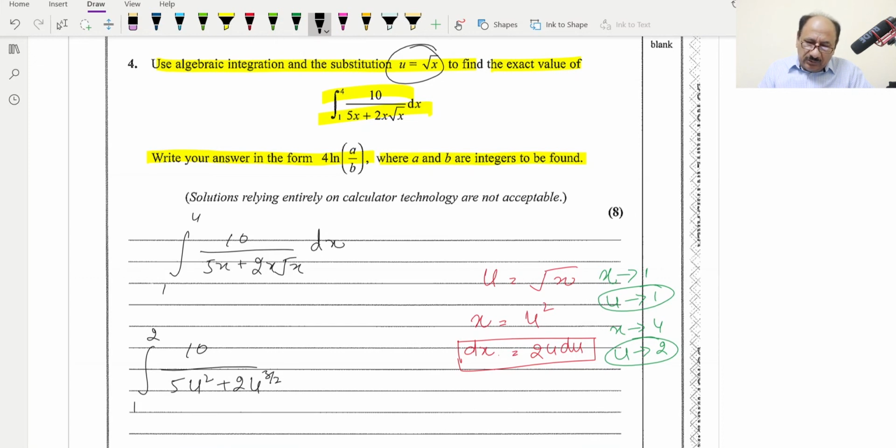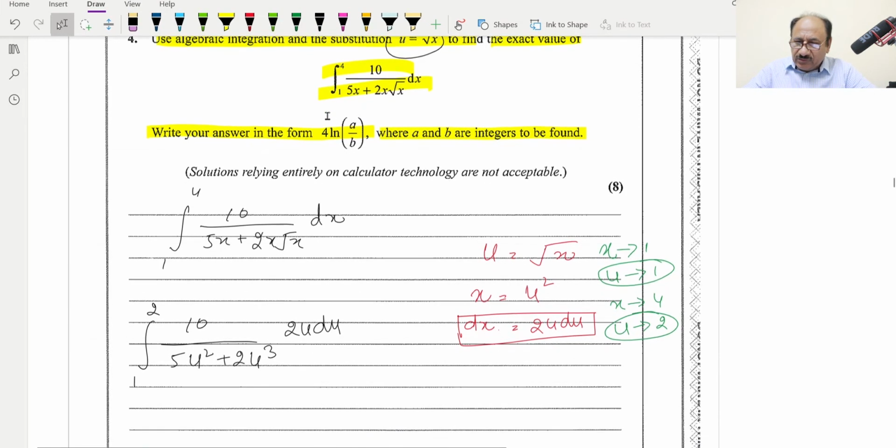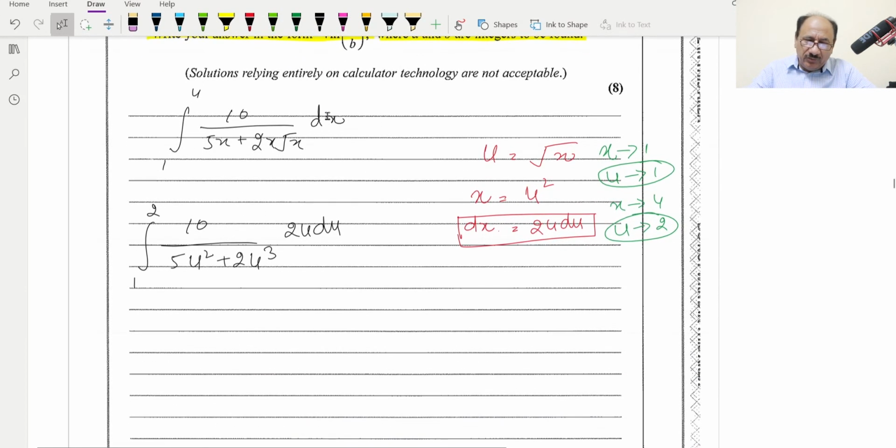No, not 3 by 2, cubed basically. x under root x will be u cubed. So we write it over here, and 2u du will be for the dx value, and the remaining will be the substitution which we have done.